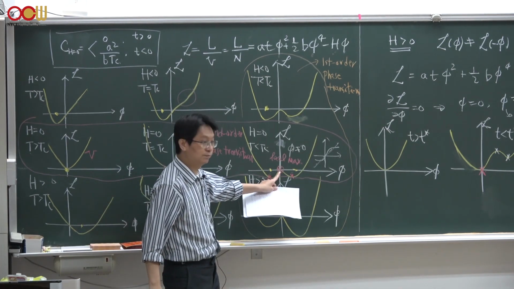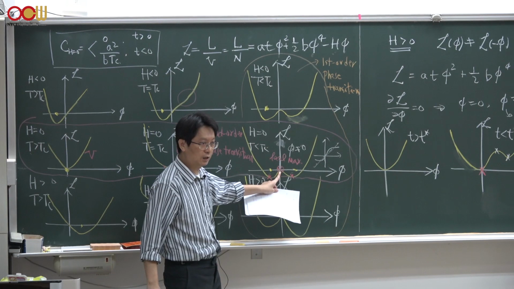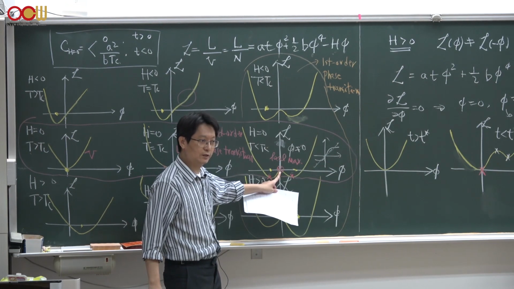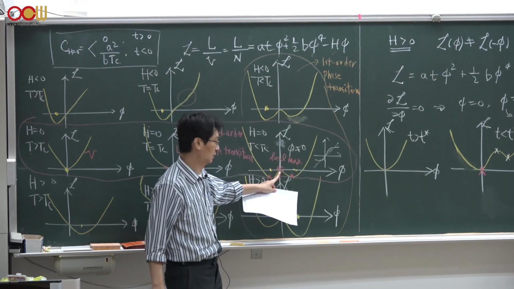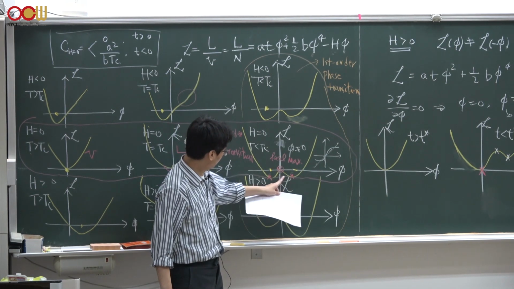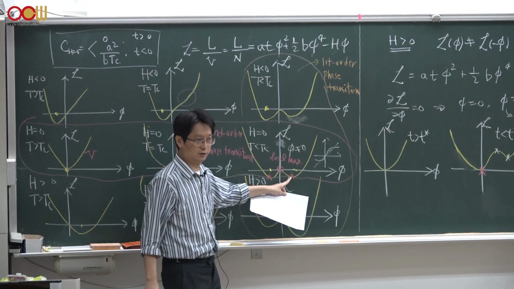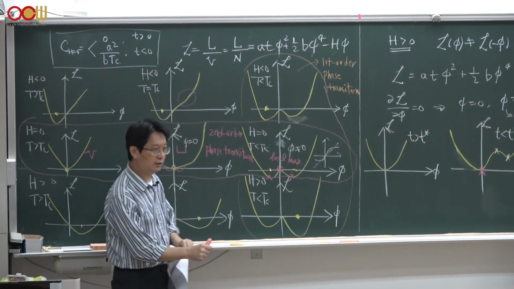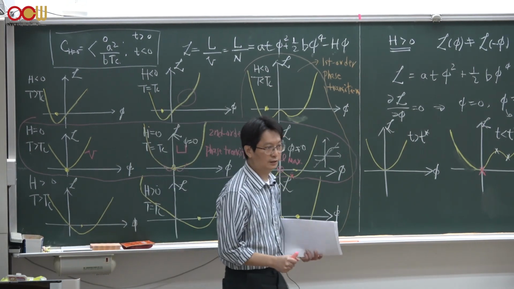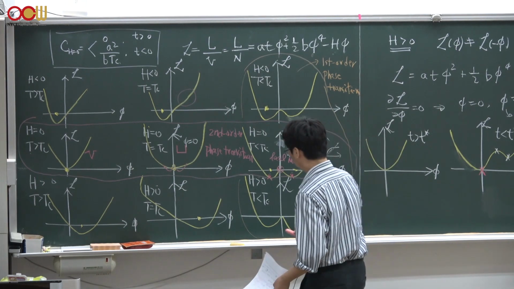And why is it unstable? Because it now becomes a local maxima rather than a local minimum or global minima. And instead, the global minimum is actually shifted to phi either plus or minus the magnetization. So it is a change of the global minima that leads to the phase transition. So now we learn the lesson.